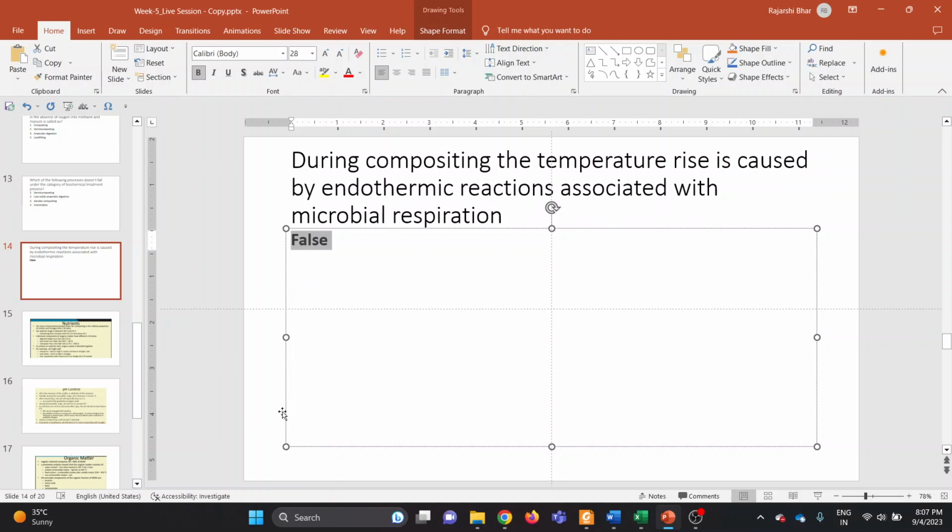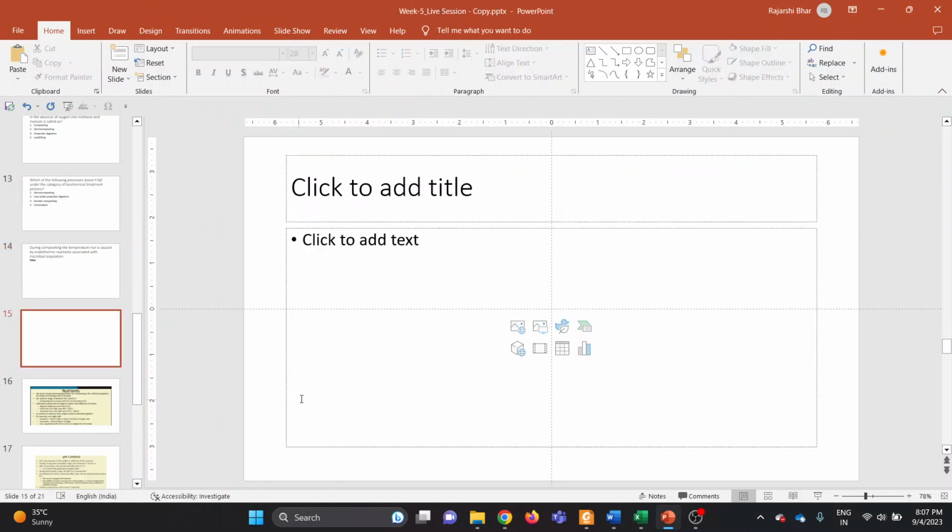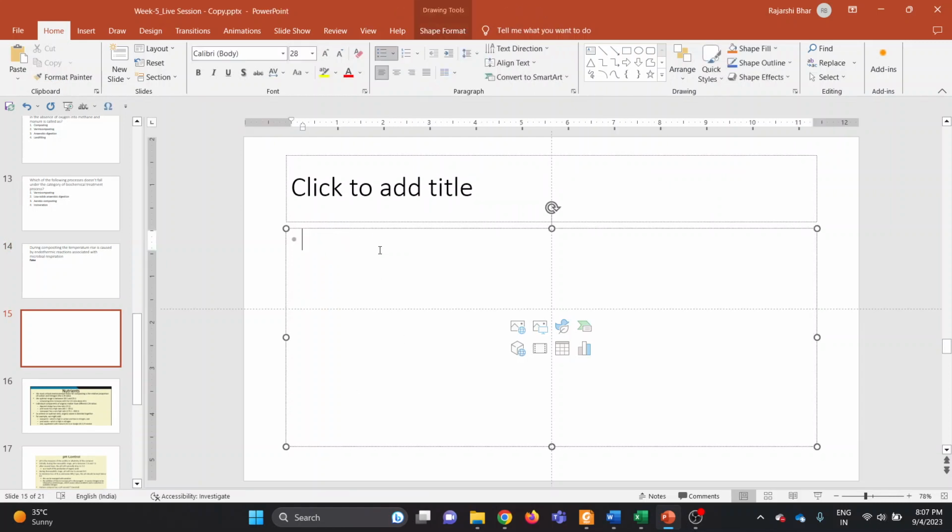So now coming to our second last question. In this question, two statements will be there. One is an assertion and the other will be a reasoning. And then you have to choose the correct answer.